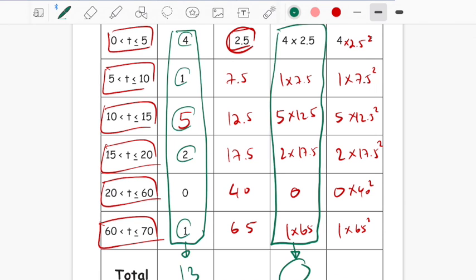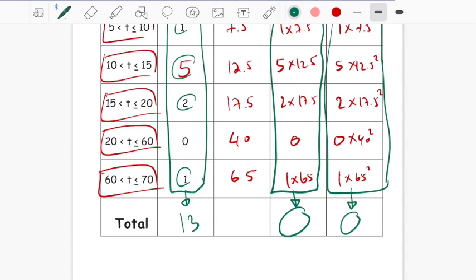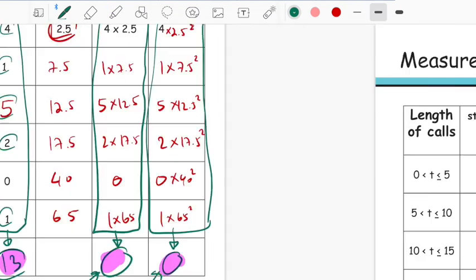Same here. Punch the entire thing in the calculator. So this is the sum of f. This is the sum of fx. This is the sum of fx squared. So again, I only needed these 3 values from here for me to find SD.